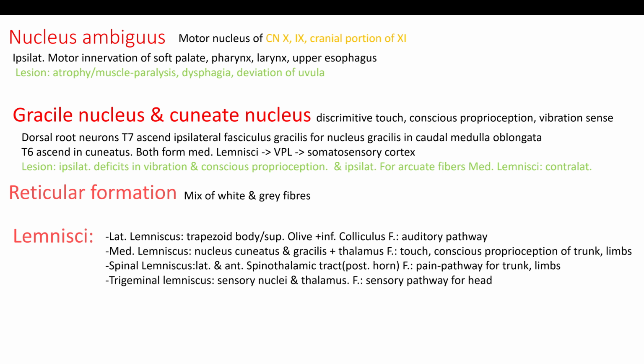Processes of the dorsal root ganglia T6 and above ascend in the ipsilateral fasciculus cuneatus and then reach the nucleus cuneatus. Axons from cells in both nuclei pass ventrally as internal arcuate fibers.